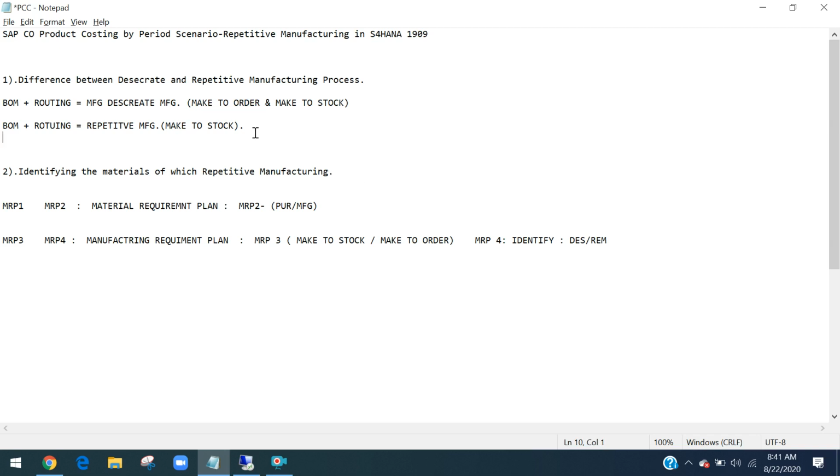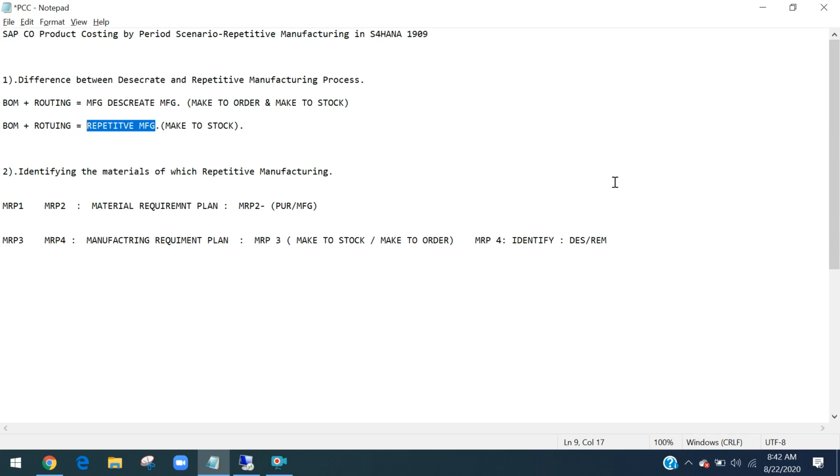In that situation we can definitely use make to order with repetitive manufacturing scenarios. SAP provided it, but till now I didn't use it anywhere in a live environment, though many times I tested it in our IDES access, but in real time I didn't use this concept.